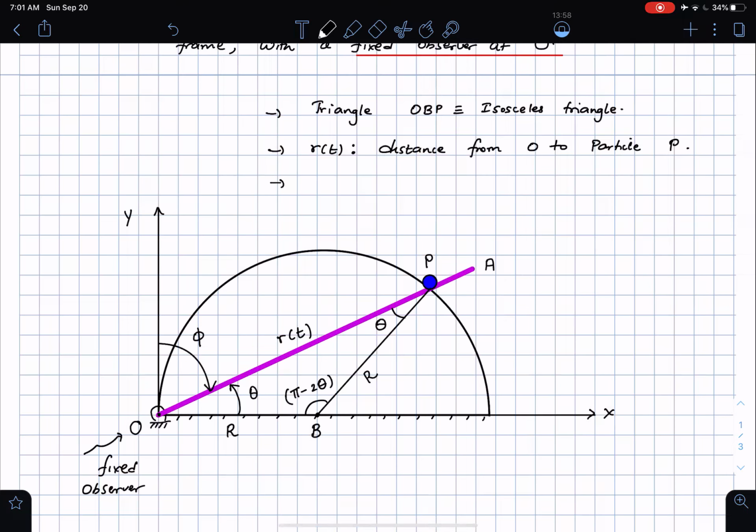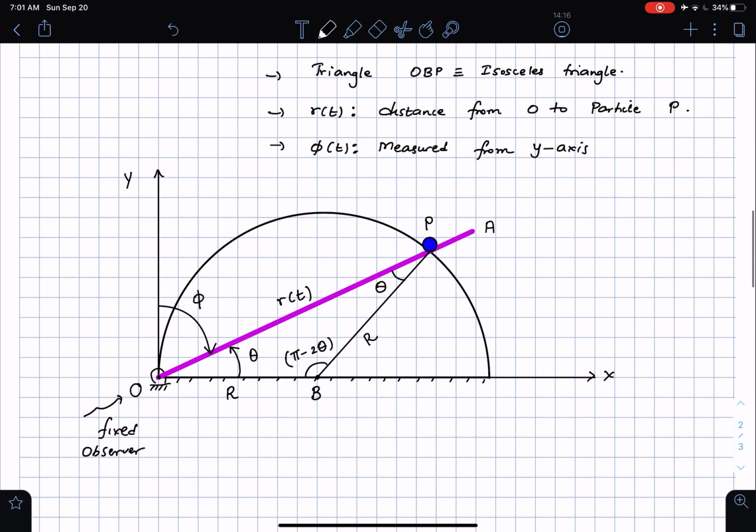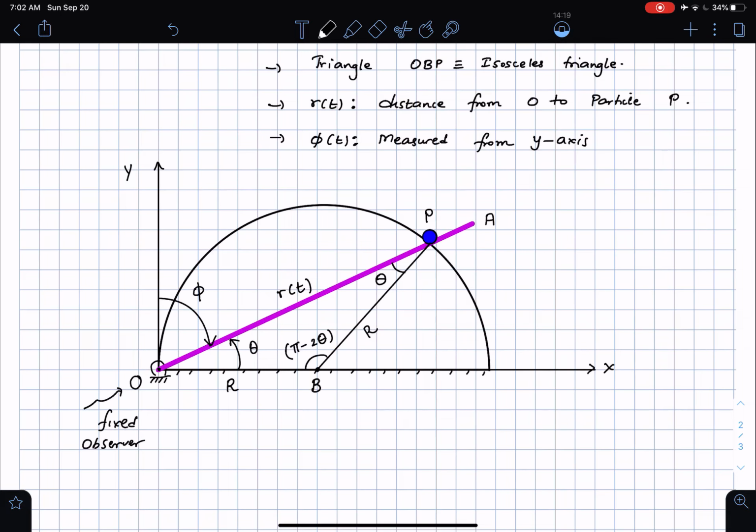Okay, so phi of t is measured from the y-axis. And this also denotes the rate at which the bar OA, or the rod OA, is traveling. Now with all these, I'm going to do some basic geometry, but before I do that, I need some coordinate frames, right?